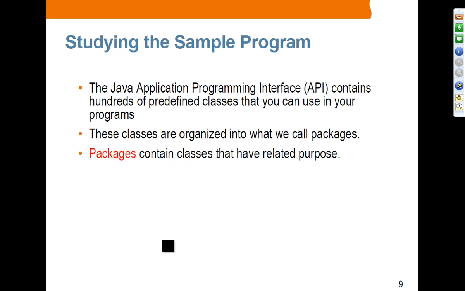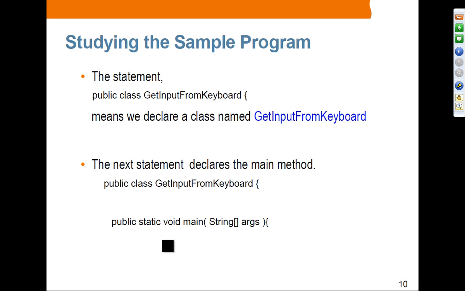Those are, in fact, structured in the form of packages. We're going to learn the concept of package in a bit more detail later on. You can think of a package as a collection of classes, and these classes are somewhat related. When you say java.io package, that means all the classes that are related to IO are under the java.io package.